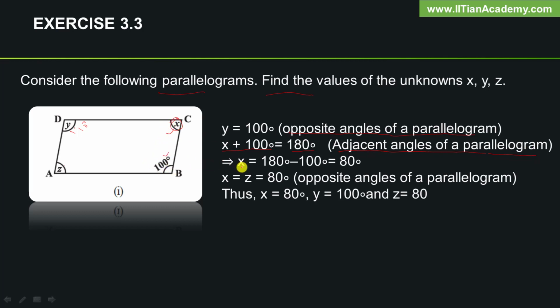Hence, x equals 180 minus 100 equals 80. Also, x equals z equals 80, since they are opposite angles of a parallelogram. Thus, x equals 80, y equals 100, and z equals 80.